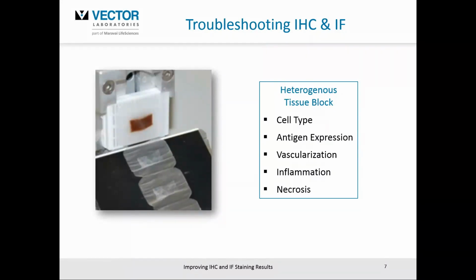I'm using the same antibody, the same block of tissue, the same detection reagents, and what am I doing wrong? And it's not that you're doing anything wrong, but more than likely in these instances, you might be working with something like a heterogeneous tissue block. So indeed, something has changed at your end that you might be working with.